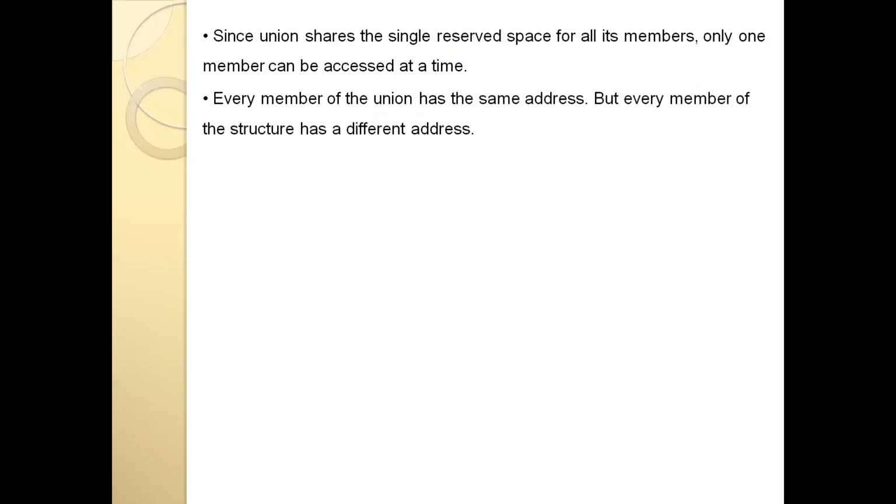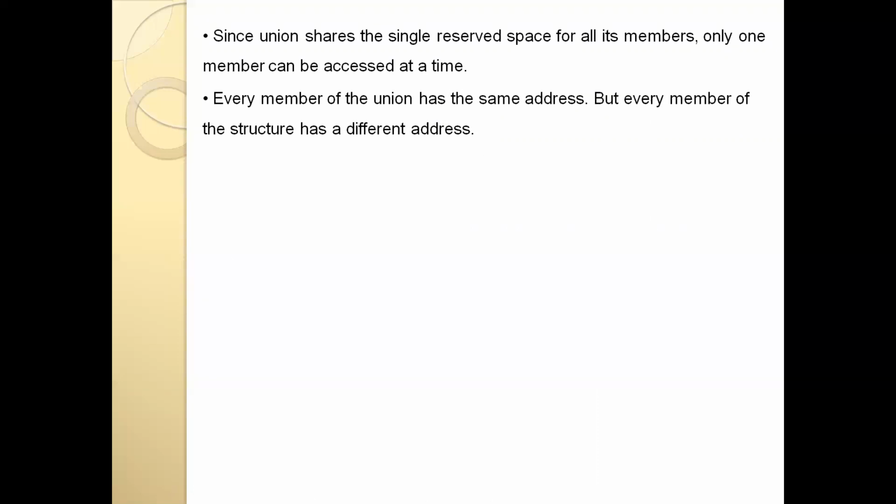See, you just read that statement: union shares the single reserved space for all its members. Only one member can be accessed at a time. Just now I told you, the memory will not be allocated for union members separately. Only one location or one space will be reserved for the union members, and all the union members will share the same memory space.